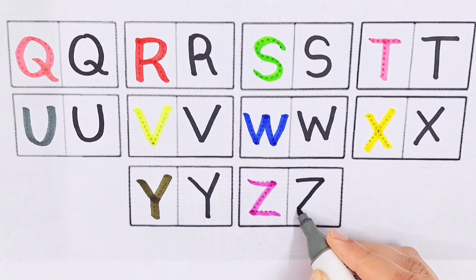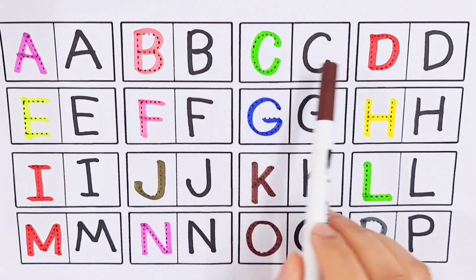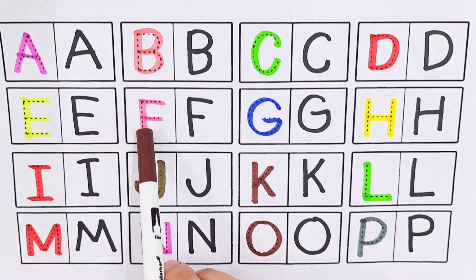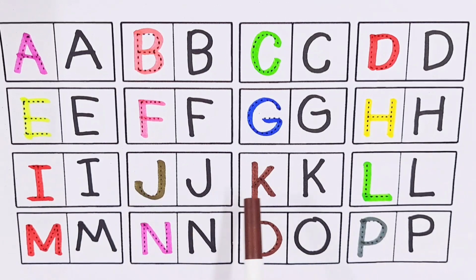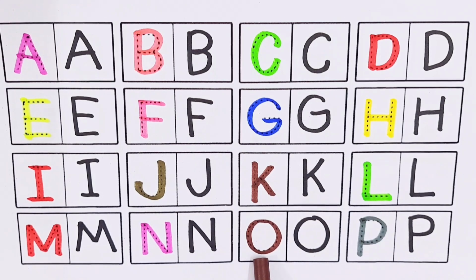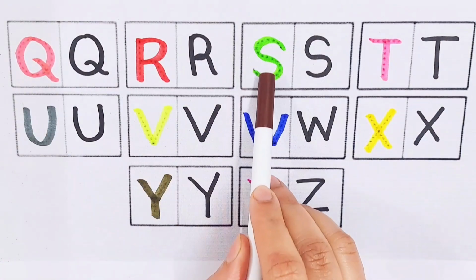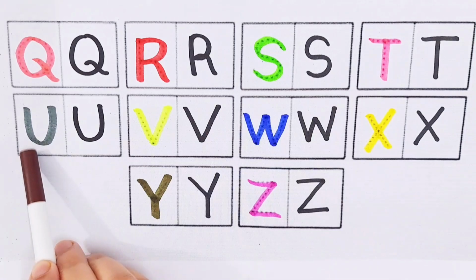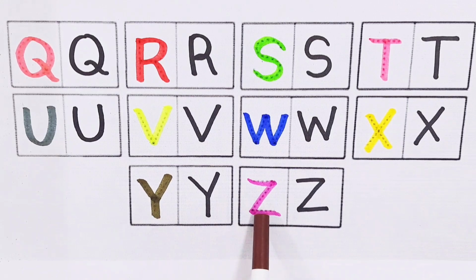Z for zipper. A B C D E F G H I J K L M N O P Q R S T U V W X Y and Z.